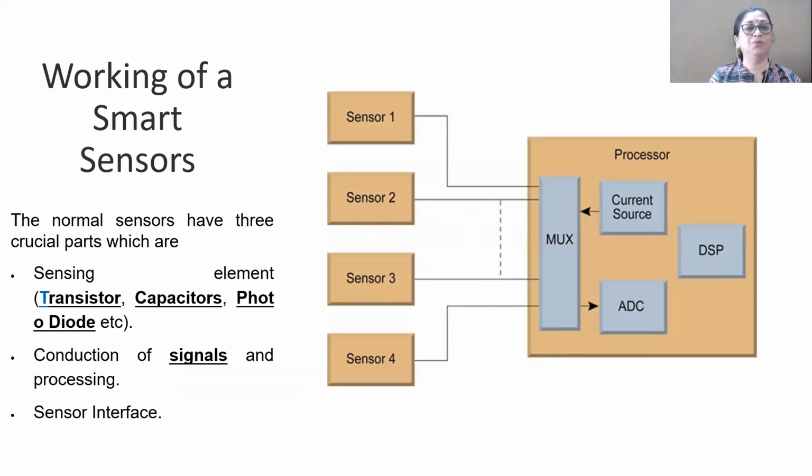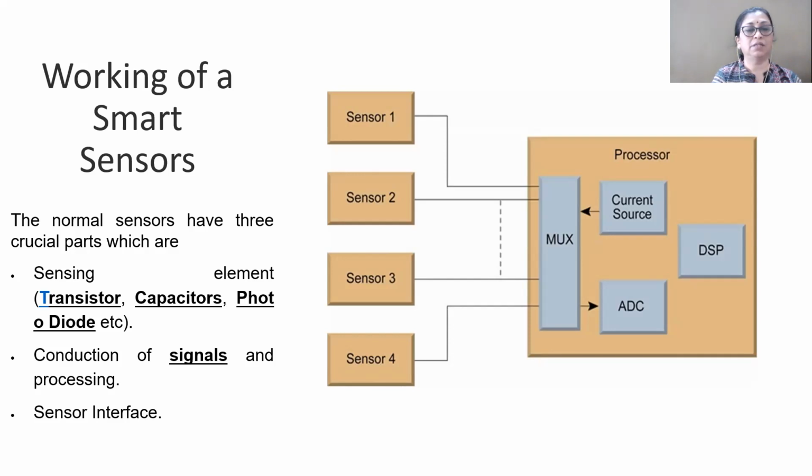Now, if you observe the working principle of the smart sensor, you can see its block diagram on the screen here. There are three important parts of this smart sensor. One is the sensing element, which is basically your sensor, which converts some physical or chemical stimulus into an equivalent electrical signal.